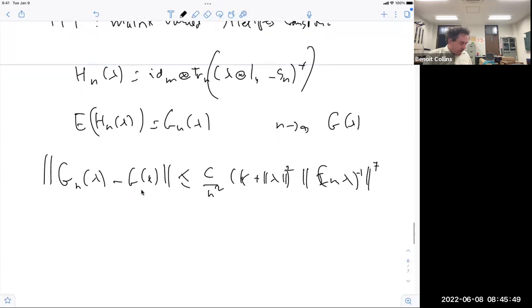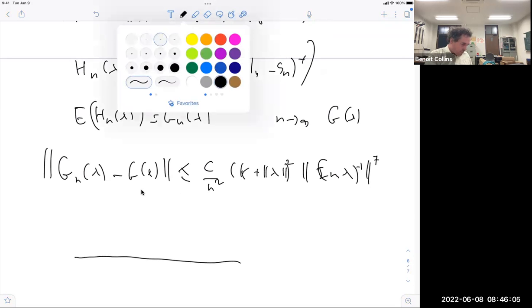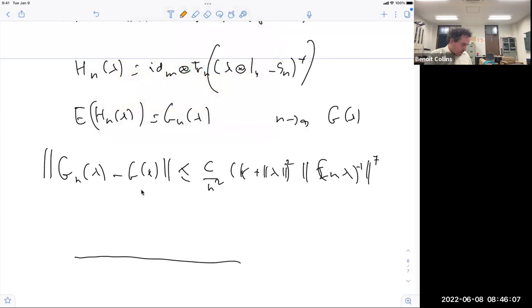So let's say, for example, that I try to draw something. Let's say that the spectrum of S lambda has some components like this. Well, this will mean that G lambda is analytic away from there.